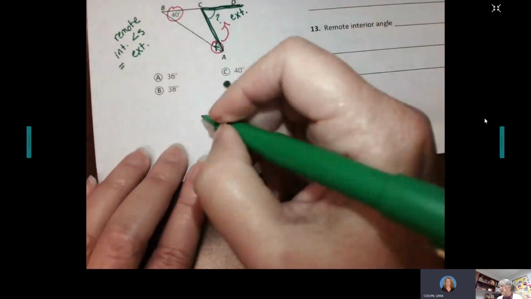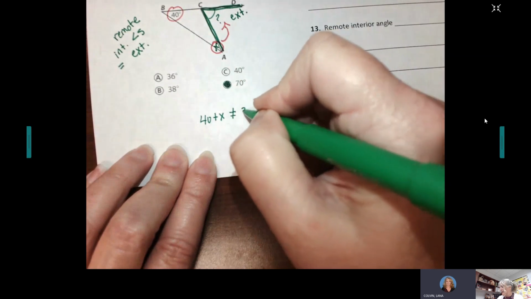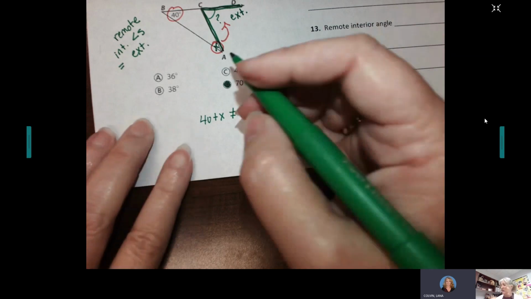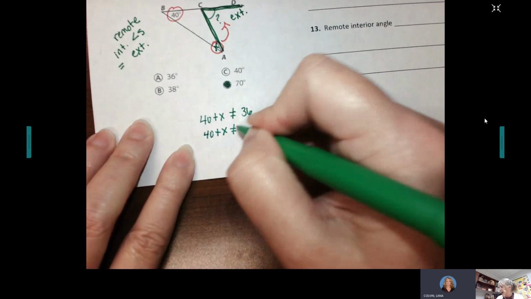It's not possible to do 40 plus x and have it equal 36 degrees. We can't have negative. Now, if we were dealing with negative numbers, you could do it. But can you have a negative angle measure? No. Okay, we have to be dealing with positive numbers here. It's not possible to add 40 plus a number and get 38.